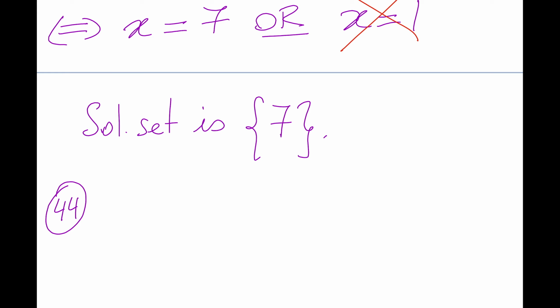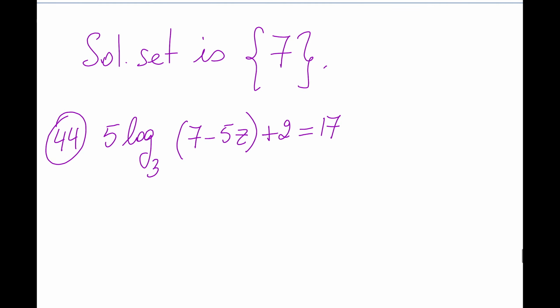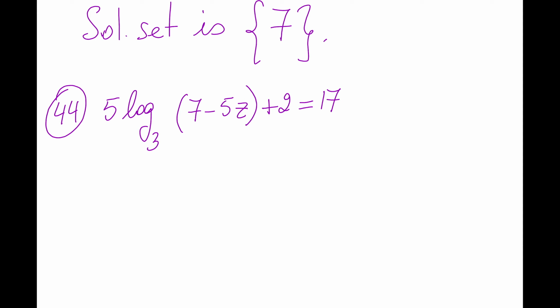So I have 5 times log base 3 of 7 minus 5z plus 2 is equal to 17. Okay, again, the question is to find all the z that do this job. So I'm going to undo all the actions that are done on z. Let's first start by, as we used to, isolate the non-z terms from the z terms.